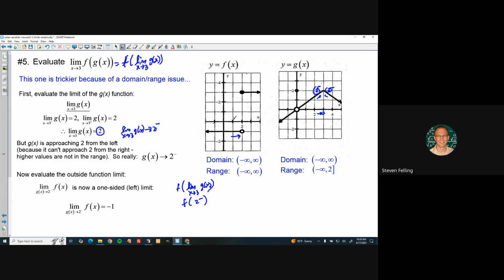As x is approaching 2 from the left, we're actually approaching the value -1. So we should declare that the limit as x approaches 3 of f of g of x is actually equal to -1.